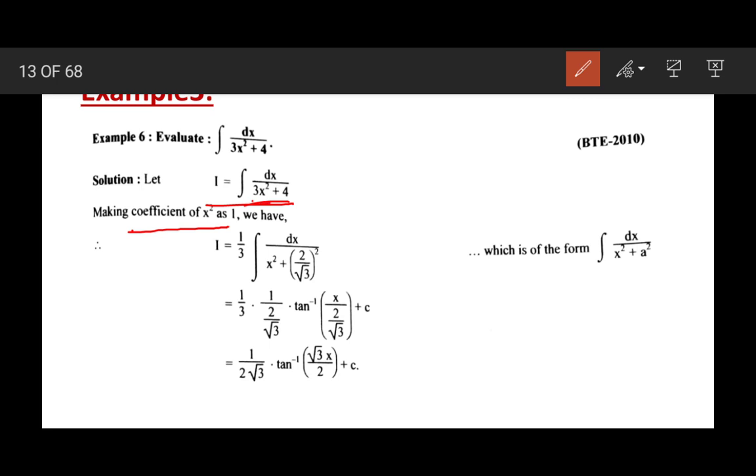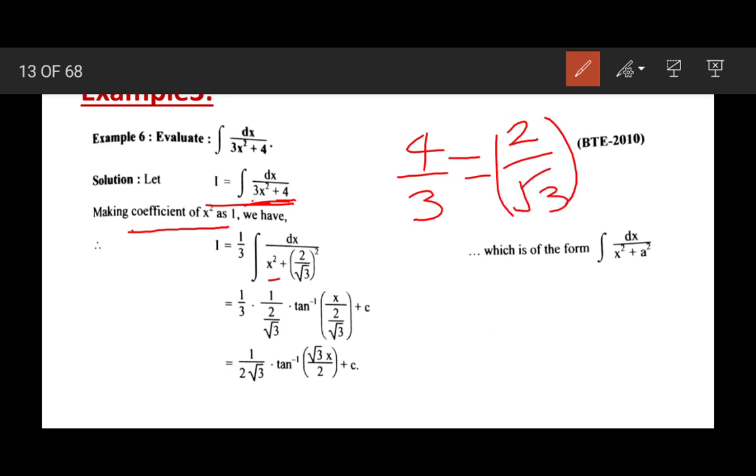So 3x square divided by 3 will be only x square, and 4 divided by 3 gives 4 upon 3. Now can I write this 4 upon 3 as 2 upon root 3 whole square? Square of 2 is 4 and square of root 3 is 3.